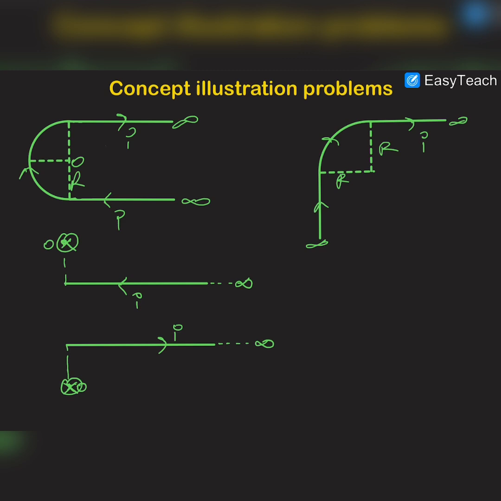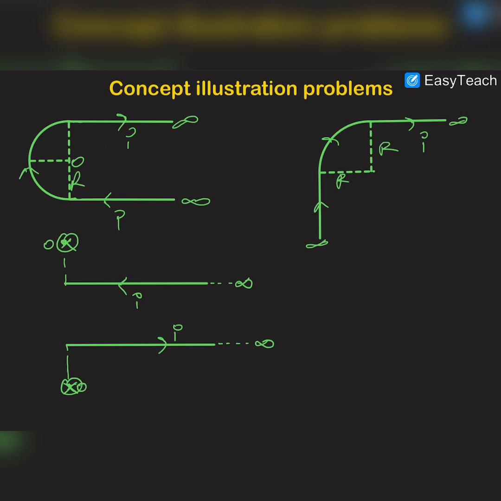For example, if this was a ring, then current would be flowing in a clockwise sense, and if you rotate the fingers of your right hand in a clockwise sense, then your thumb would be pointing in the downward direction, and hence the magnetic field at the point O will be pointing inside the plane of the screen. So we can directly find out the magnetic field at point O.